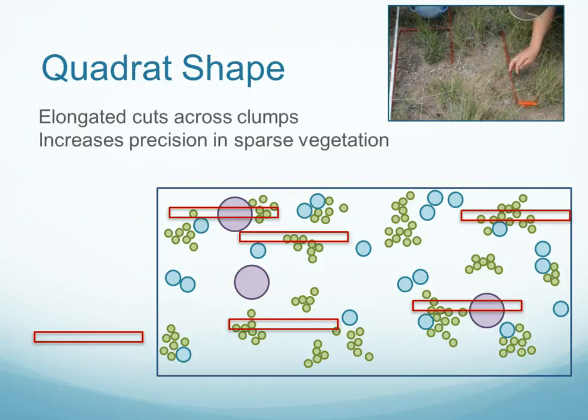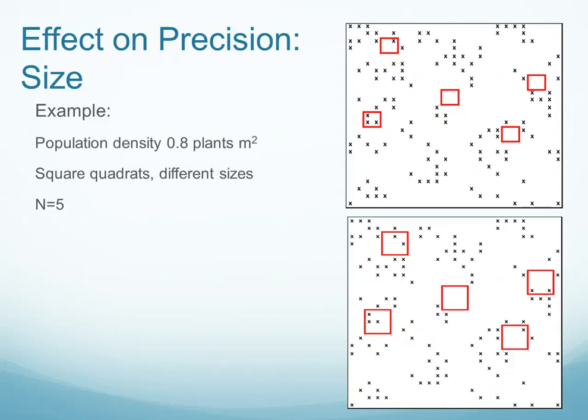The general rule is that more elongated quadrats tend to cut across clumps, and that this will increase the precision in sparsely distributed vegetation.